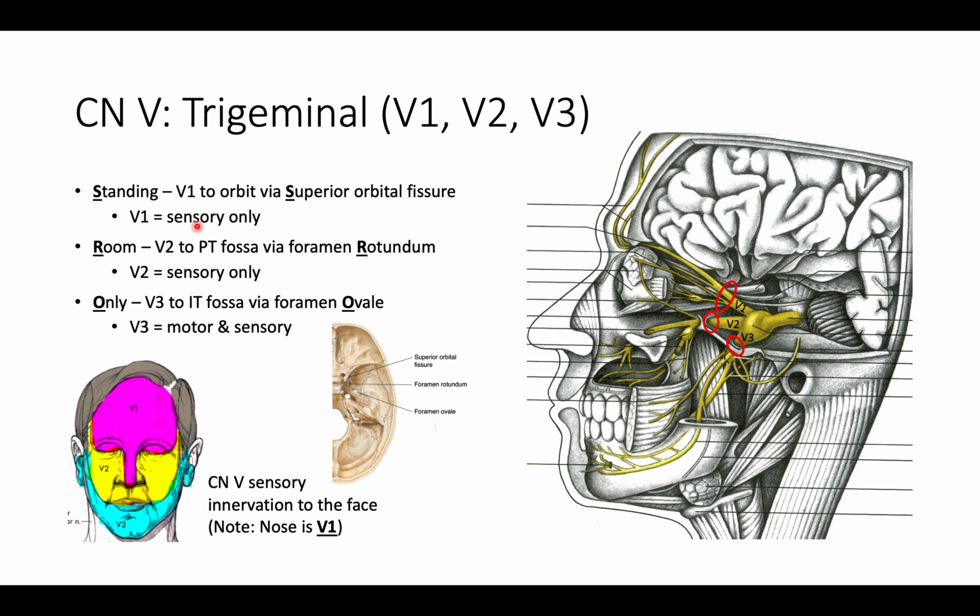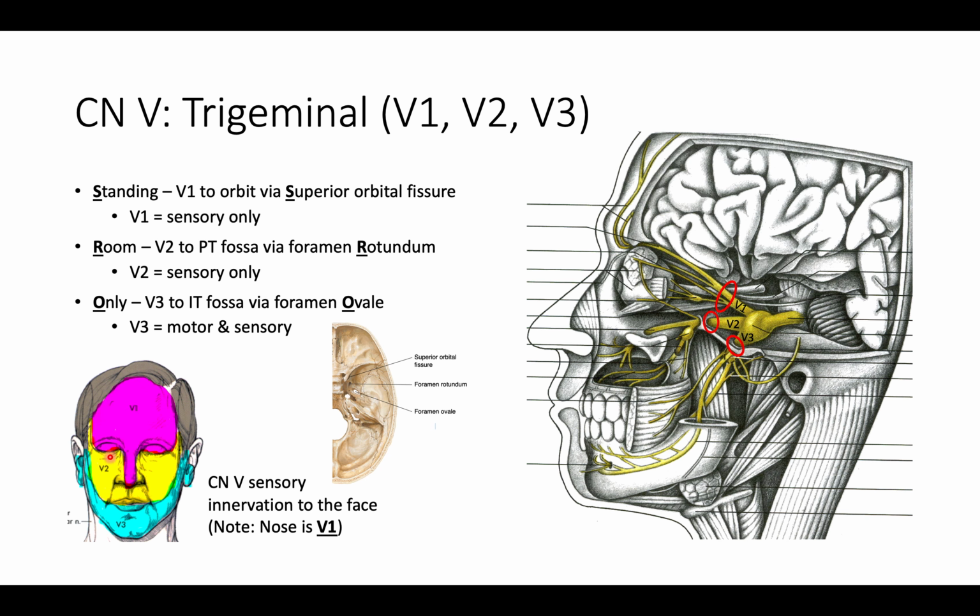V3 is a little bit different. It's sensory, but it's also motor, and it goes through the foramen ovale. So let's look at this picture down here. V1 travels to the forehead and eyes, and then all the way down the nose. It's important to know that it's going down the nose because that was important again in the danger triangle.